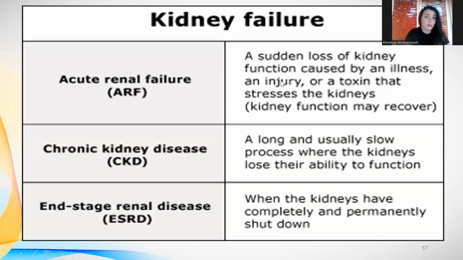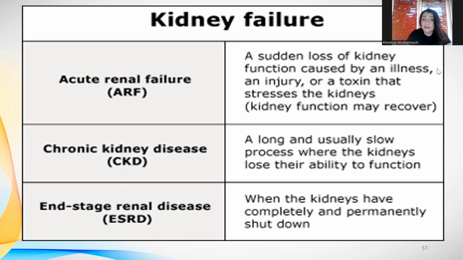Now, concluding the mentioned information, students, and summarizing information about acute and chronic renal failure, I need to say that, first of all, acute renal failure is a sudden loss of kidney function caused by an illness, an injury or a toxin that stressed the kidney. But in this case, kidney function may be recovered. Chronic kidney disease is a long and usually slow process where the kidneys lose their ability to function.